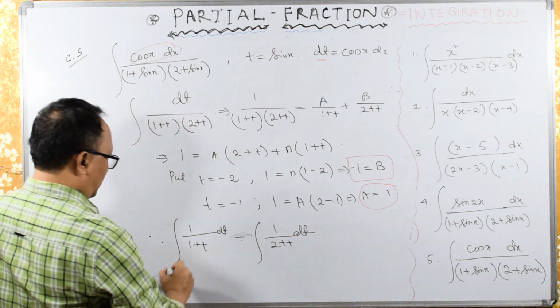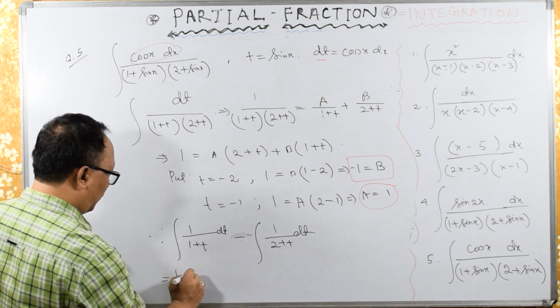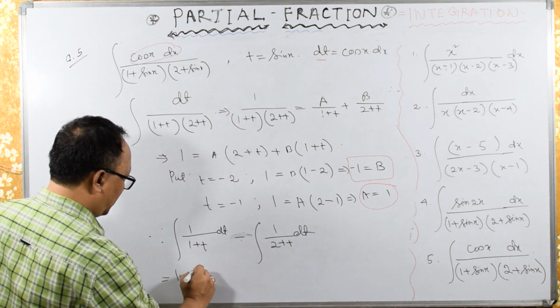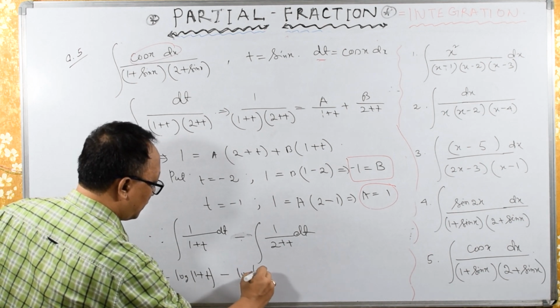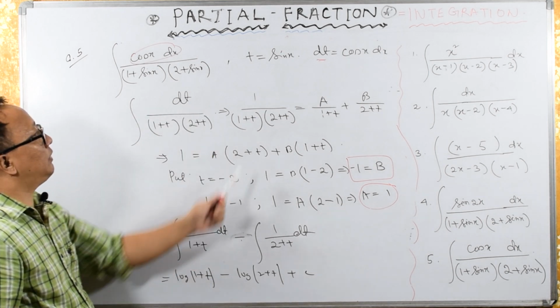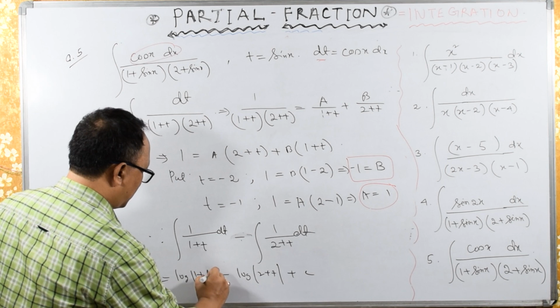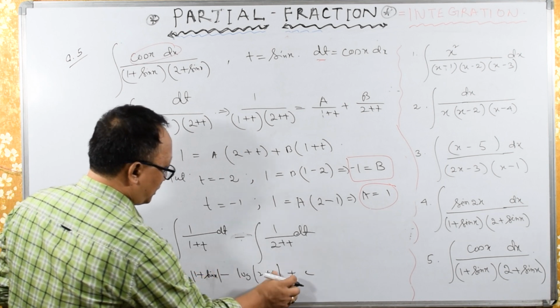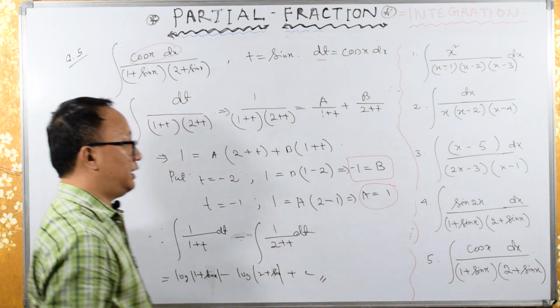This is the same as log of 1 plus t minus log of 2 plus t plus some constant, and instead of t, what is sin x? So instead of t you just write sin of x. This is the required answer.